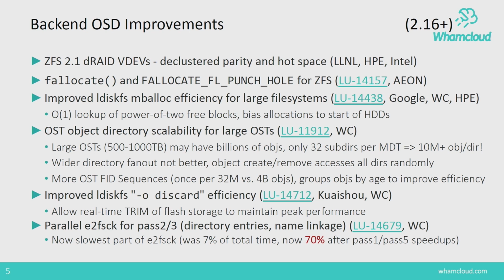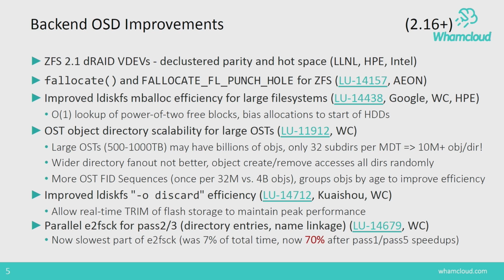That's still quite a lot for one directory. And having a wider fan out, having 64 or 128 or whatever object directories, doesn't really help, because you're doing random I/O within the blocks of those directories, so you're not getting any efficiency.